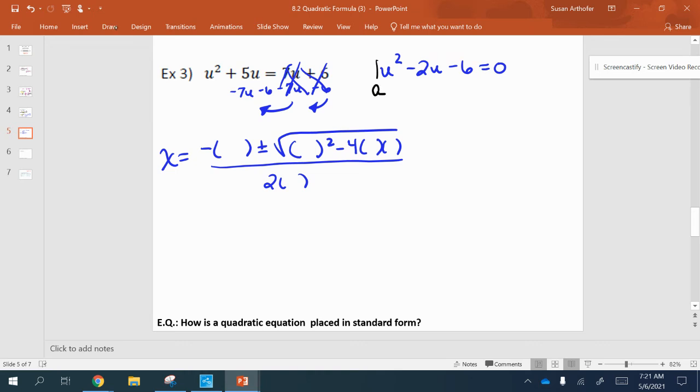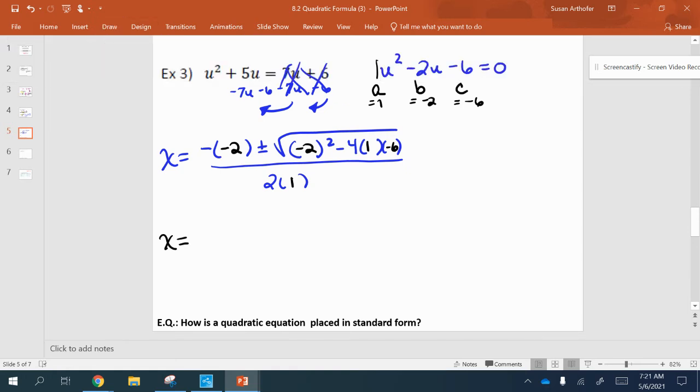Okay, a is 1, b is negative 2, c is negative 6. And our top is negative b over a, so negative negative 2.